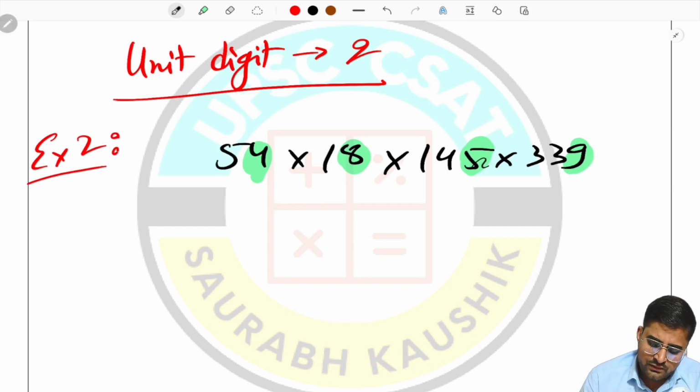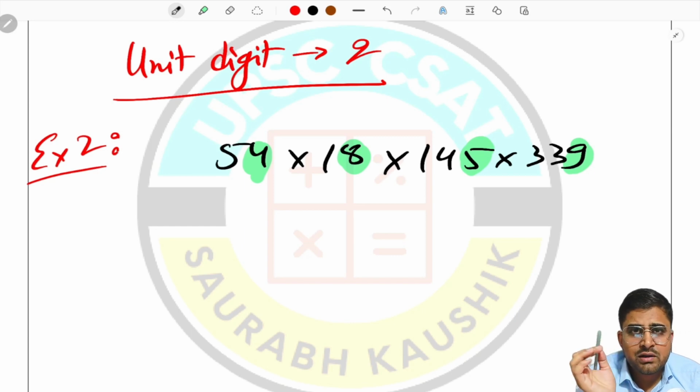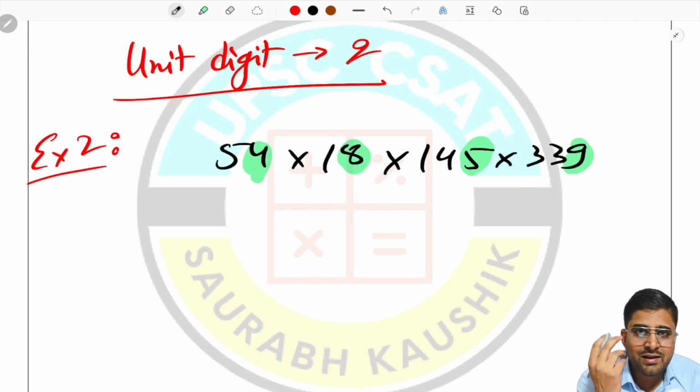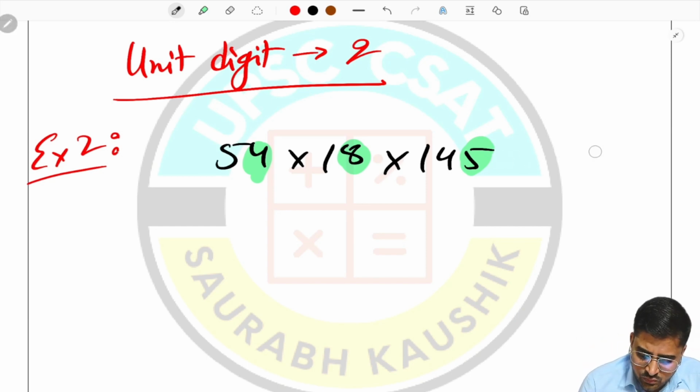9 into 5, 45. But one thing I am telling you, if anything is multiplied by 5, it will end in 5 or 0. Here we are multiplying 9. Yes, you have to learn the table of 9, but is that relevant also? These kinds of things make your calculation very fast. I will not consider the whole value. Why?